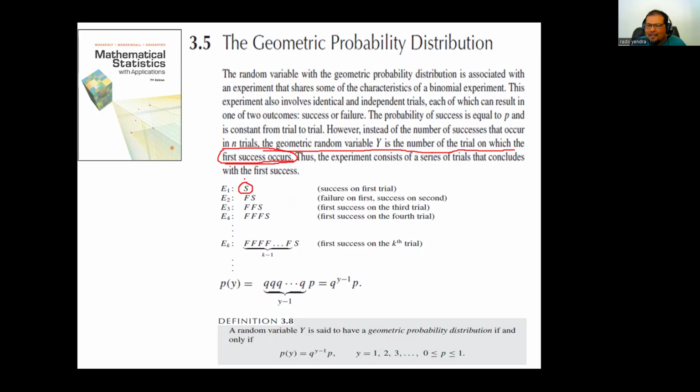It means after we find a success, we stop. We don't care what the trials are after the success. Next, for 2 trials, if we find the first success in the second trial, we must stop.